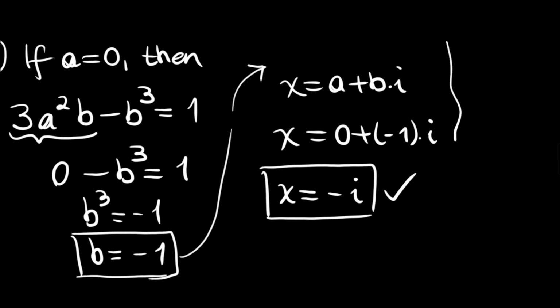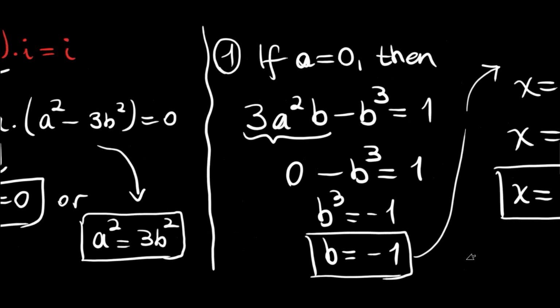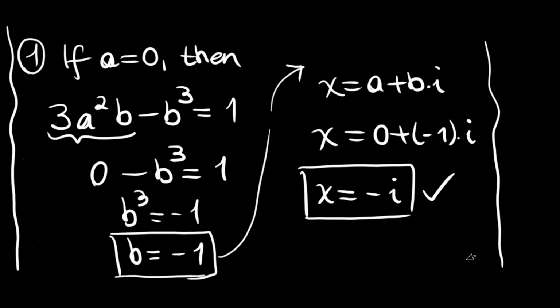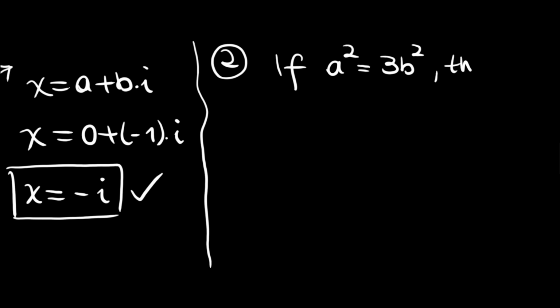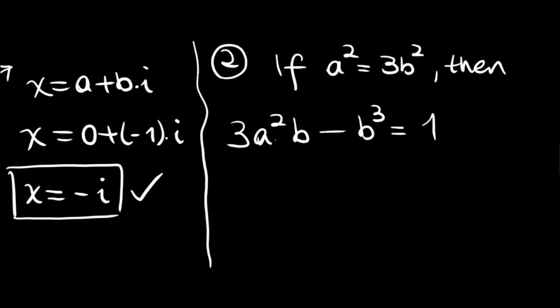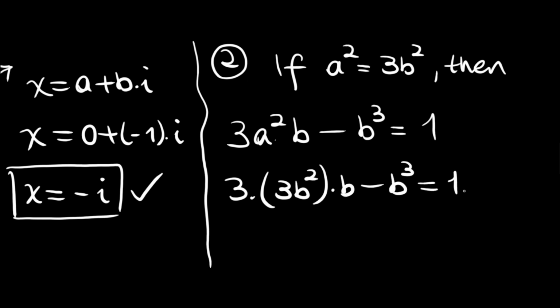Let's move on. The second situation is a squared is equal to 3b squared. If a squared is equal to 3 times b squared, then our second equation that was 3 times a squared b minus b cubed is equal to 1 turns into 3 times 3b squared times b minus b cubed is equal to 1.